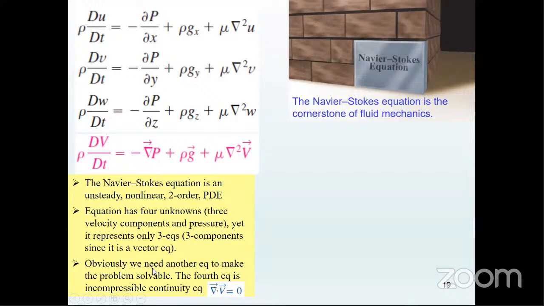But obviously, what will happen? We need another equation to make the problem solvable. With these three equations, it is not possible for us. The fourth equation is the incompressible continuity equation, that is del dot v must be equal to 0.